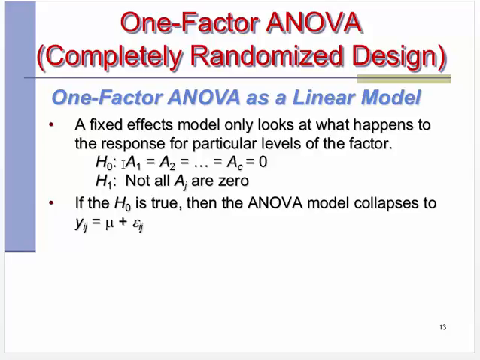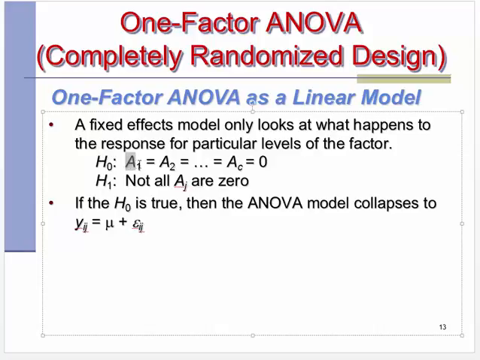That is, we're testing to see if A1, the response from the first factor, equals A2, A3, A4, all the way, or they all equal 0. That means if there's no effect from those factors, then that's the assumed normal state. H1, the alternative hypothesis, is not all A's are 0. If one of them is not 0, then it's going to have impact on the mean of the dependent variable.